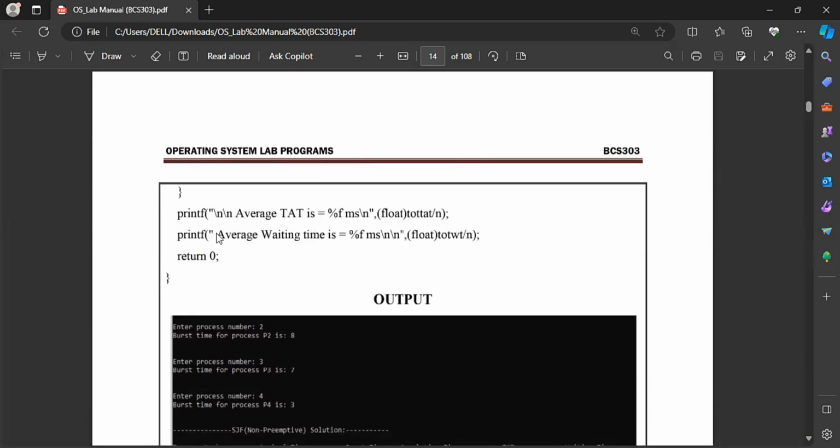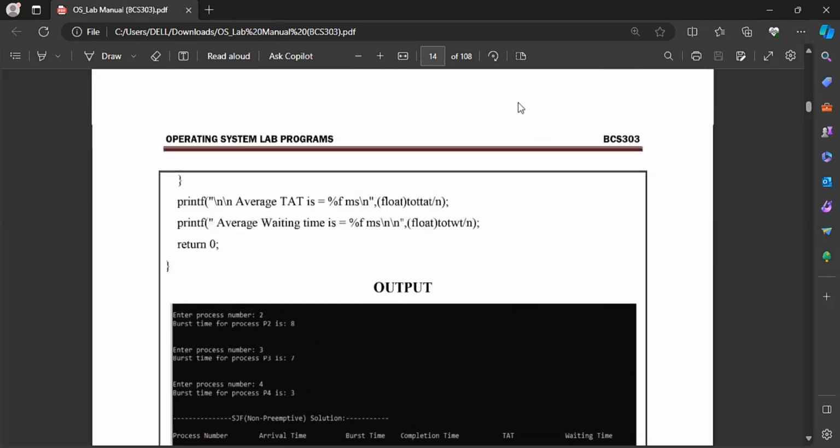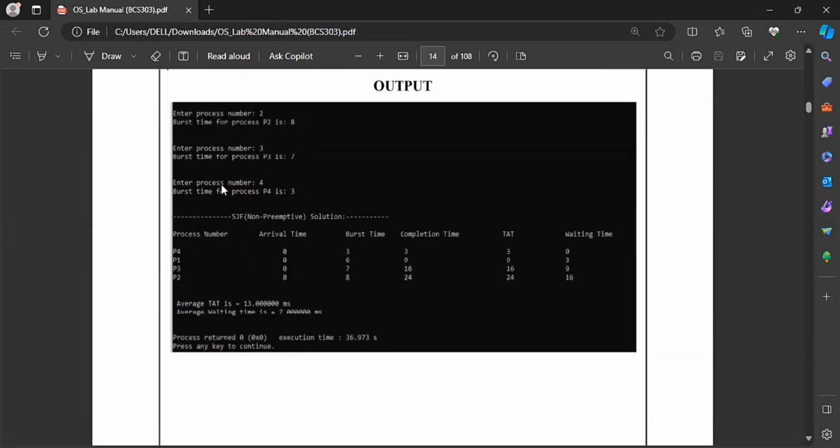How are we calculating the average turnaround time? That is the total turnaround time divided by n. So the sum of the turnaround times, 3 plus 9 plus 16 plus 24, divided by n, the number of processes, that is 4.